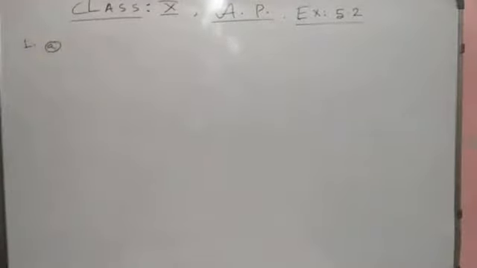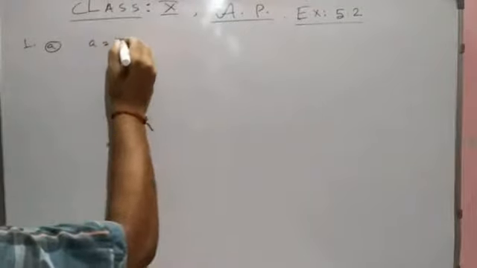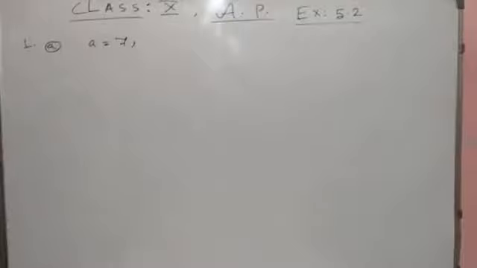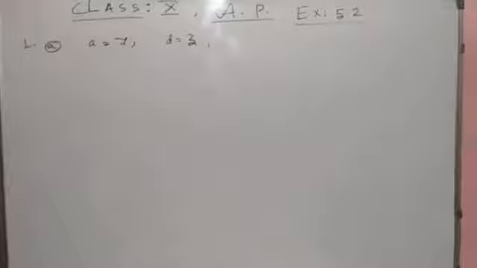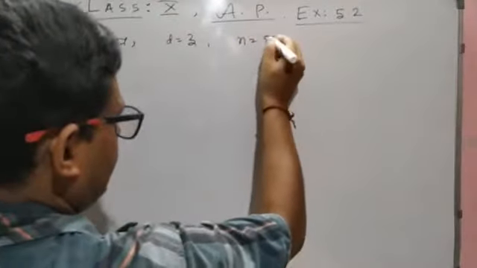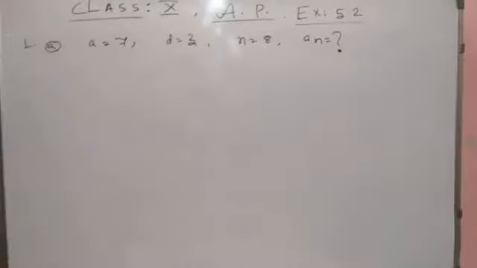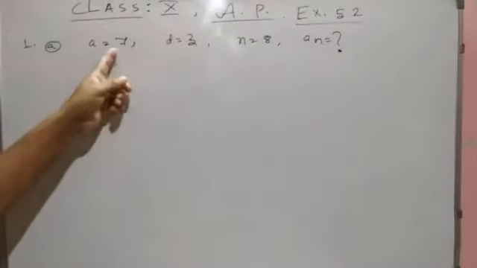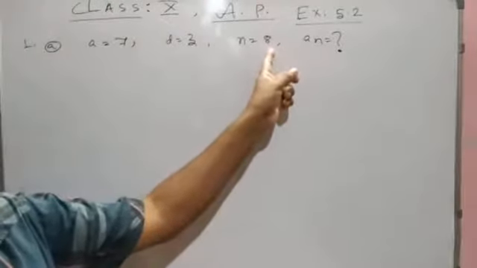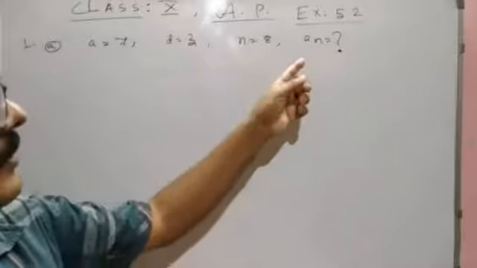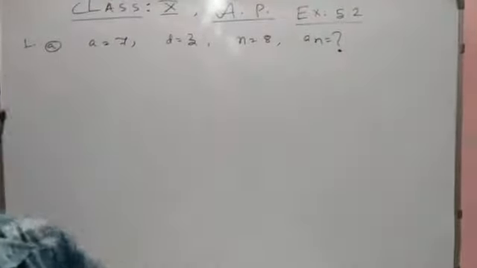In question 1A, it is given A equal to 7, first term 7, common difference equal to 3, N equal to 8, that is, the number of terms is 8, and we need to find An. An means actually we need to find A8.